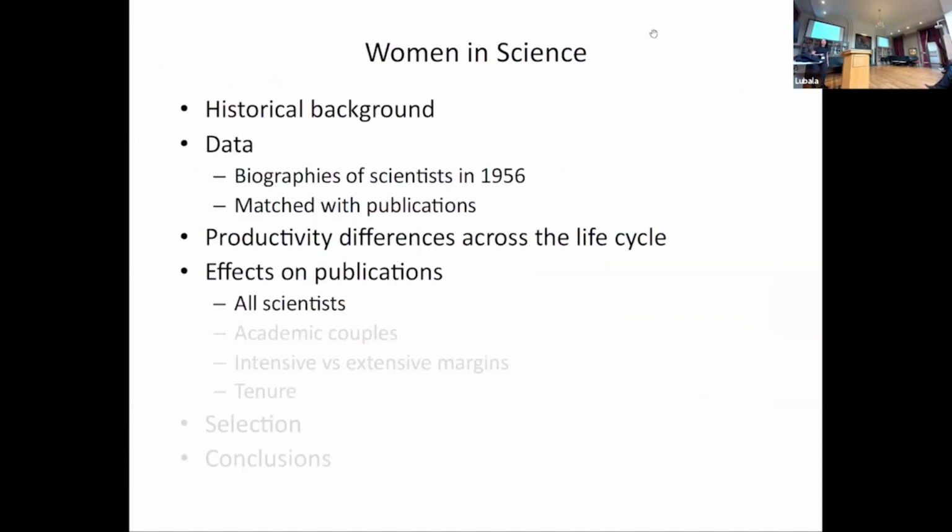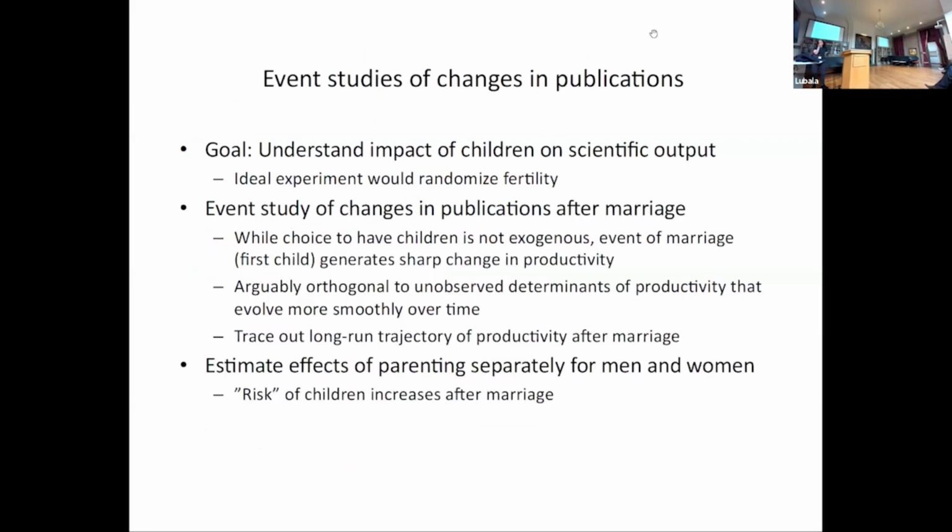And now let's actually look at the effects. Let's try and do our best on identifying causal effects. We're going to estimate event studies to understand the impact of children on marriage. The idea here is that mothers might be systematically different.